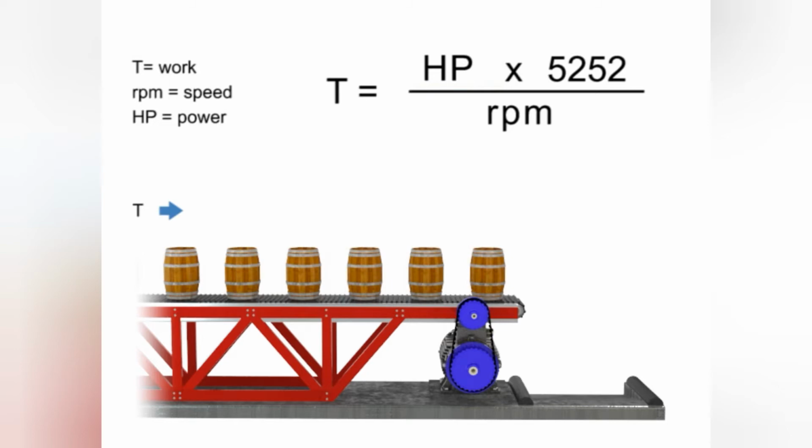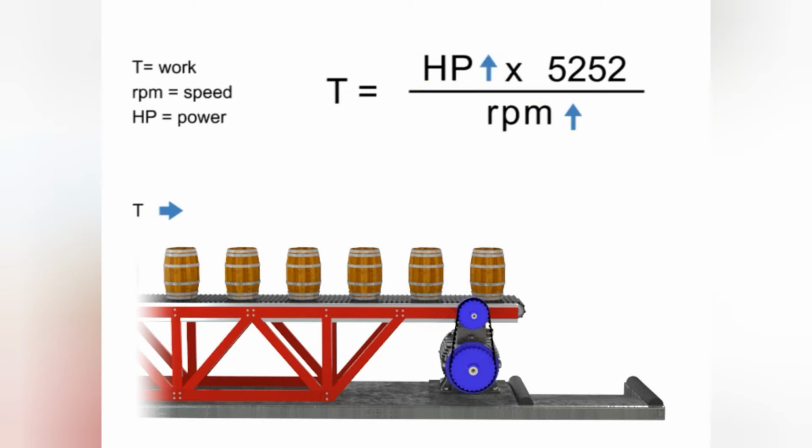Let's say we wish to keep torque constant but want to increase the production of barrels. If the torque, or number of barrels on the conveyor belt, remains constant but speed increases, then the horsepower of the motor also increases.